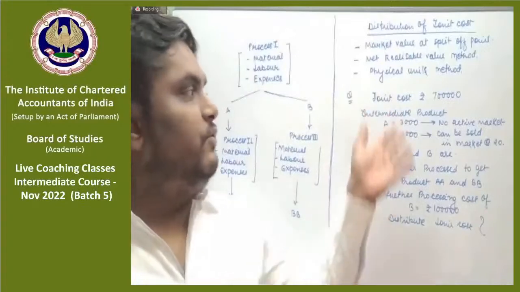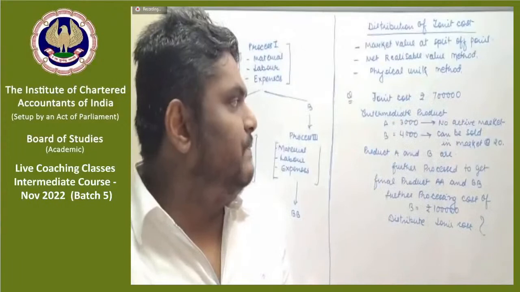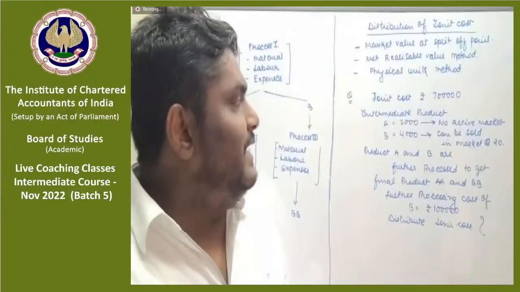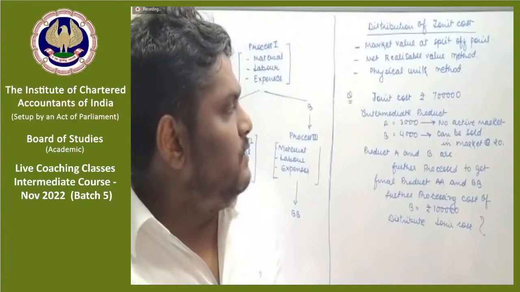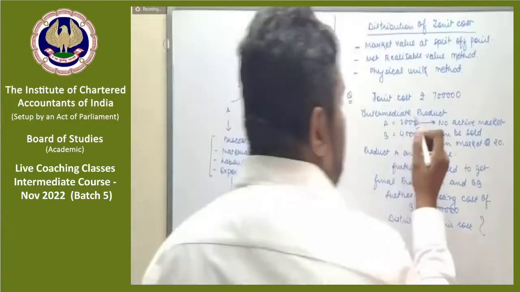So guys, there is a question for you wherein the joint cost is given, that is 7 lakh rupees. Two intermediate products, that is A and B. 3,000 units of A and 4,000 units of B are manufactured.